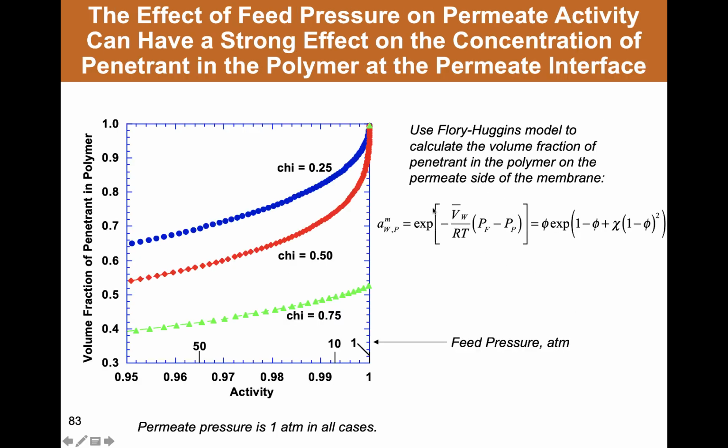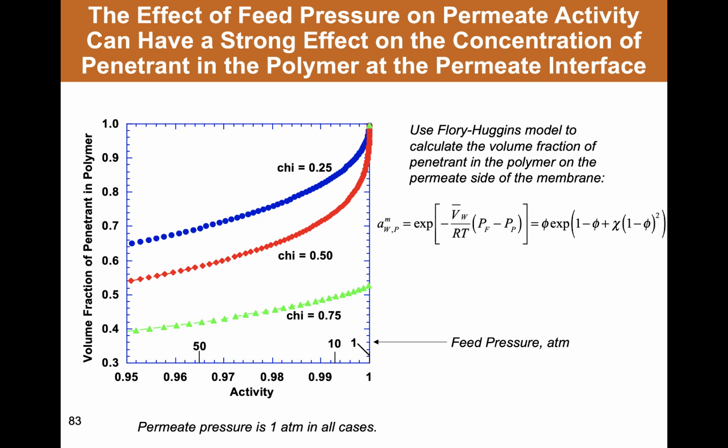Well, this is a prediction by the Flory-Huggins model of the volume fraction of penetrant dissolved in a polymer as a function of activity for various values of the chi parameter. Now, for chi parameters that are less than a half, they would predict that if you put a polymer in contact with a liquid, with a solvent at unit activity, the polymer would just dissolve in the solvent.